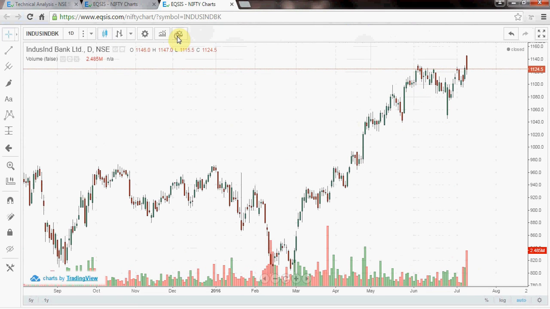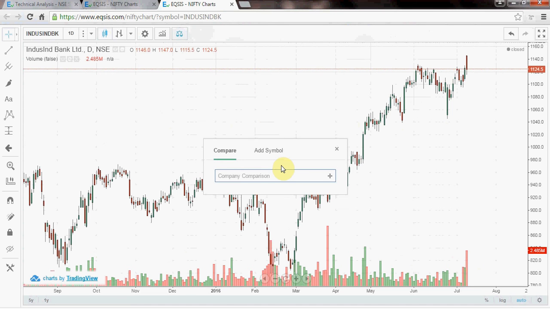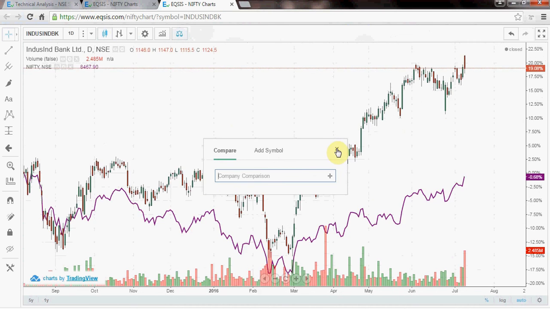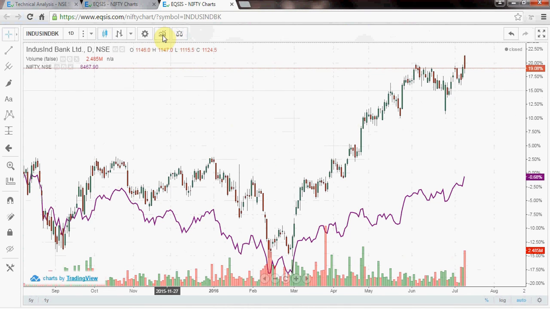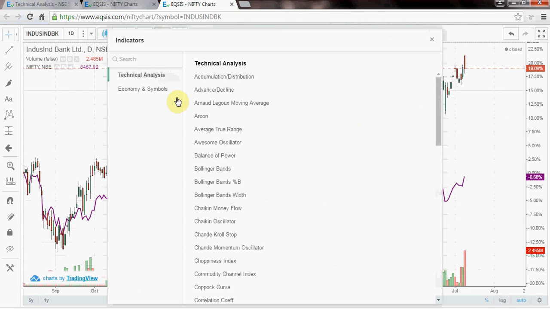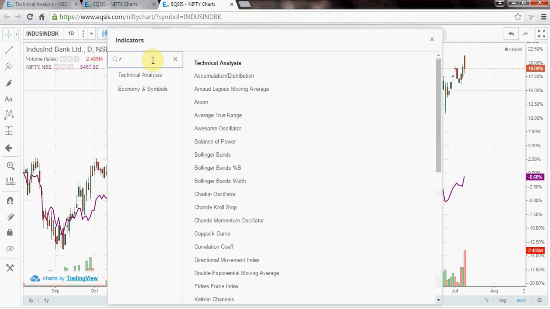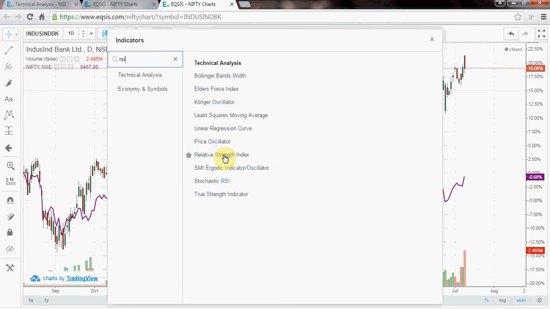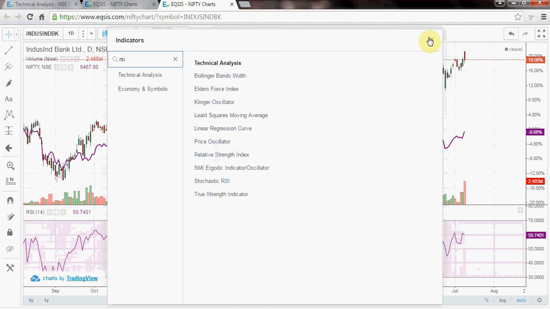You can compare stocks with the Nifty index, yes, I can do it. Or if you want to apply indicators like RSI, relative strength index, you can do it.